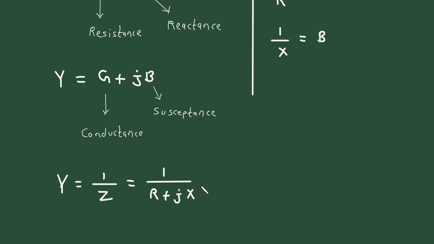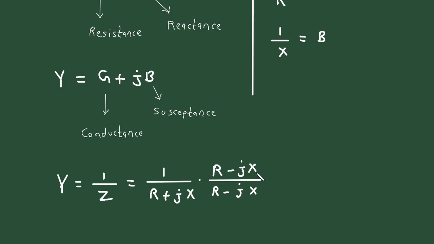Now if we multiply this with the complex conjugate of this, that means R minus jX, and also divide by R minus jX, so this and this will get cancelled.